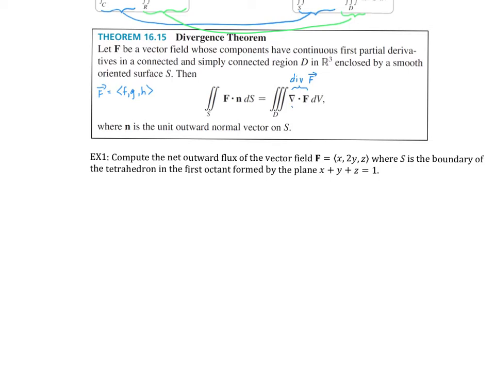When you compute the dot product, remember that's just the partial derivative of F with respect to x plus G with respect to y plus H with respect to z.